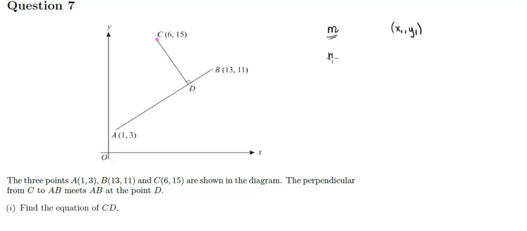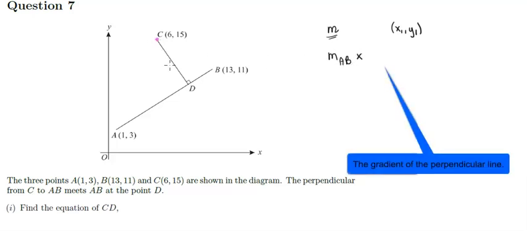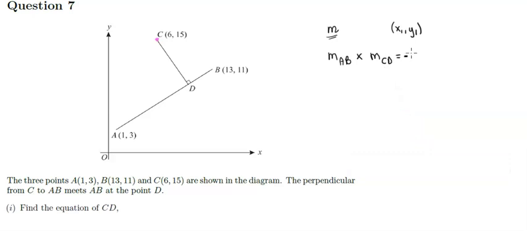Because pretty much, if we have the gradient of AB, and we multiply that gradient with its perpendicular line, which in this case is CD, we're always going to get minus 1. So we can use this equation to help us find the gradient of CD. So the gradient of AB, we're going to do change in y over change in x.